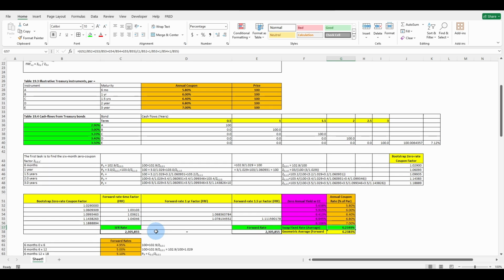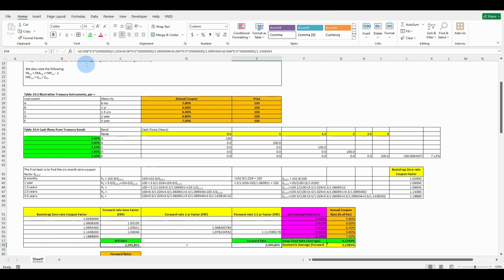The next question is, what's this SFR rate? Well, the SFR rate has to equal the forward rate. Where's the 23.05855? Well, that's this 0.058 right here times 0.05 times 20 million. Divide this by the zero rate plus 0.06 the next period times 0.05, 2 million.